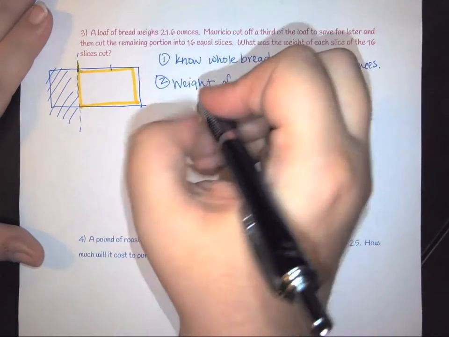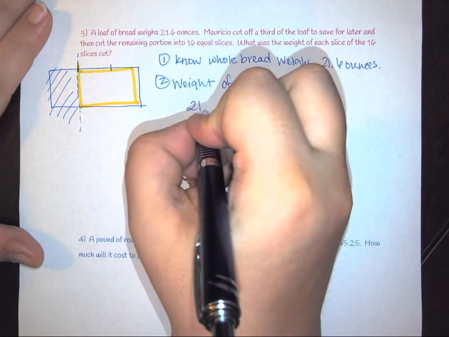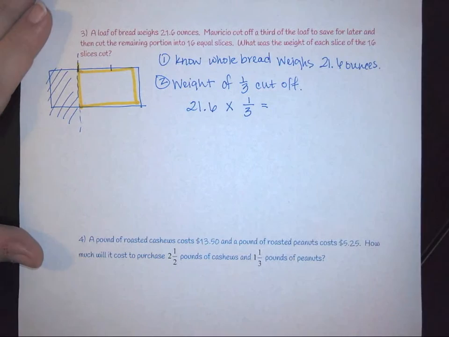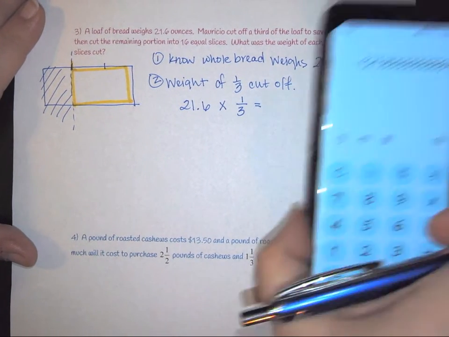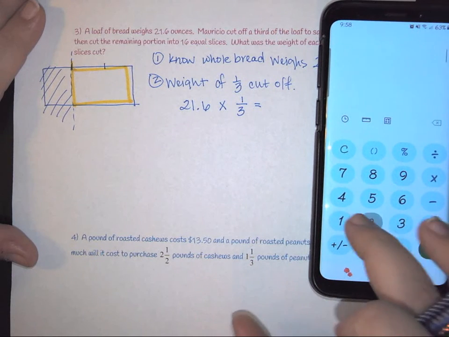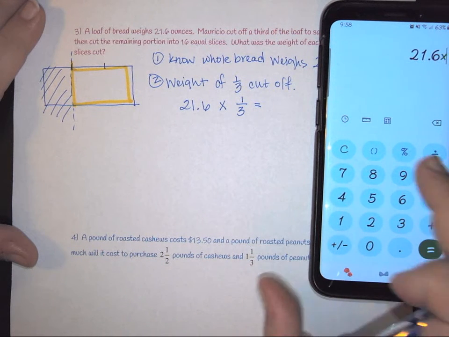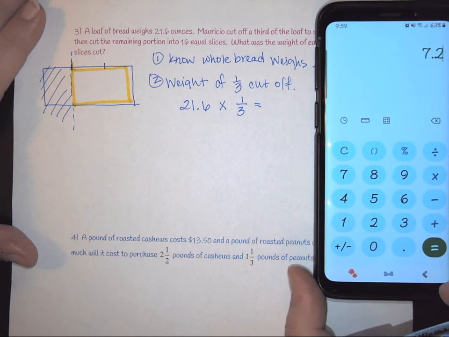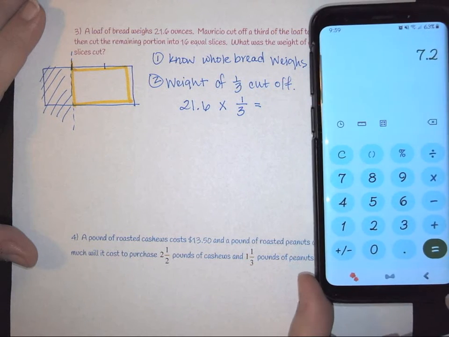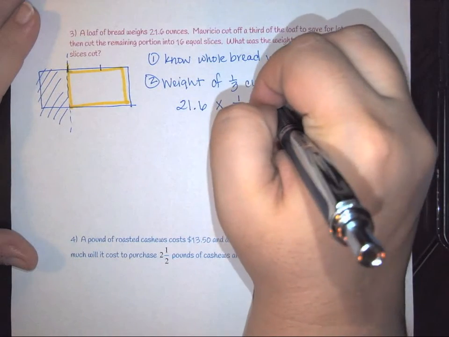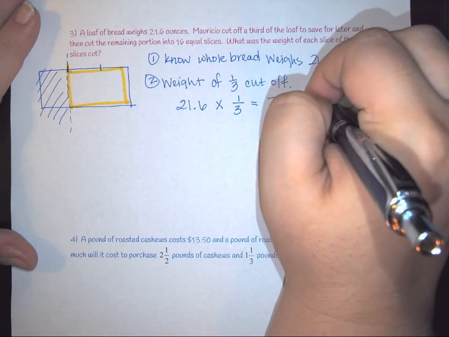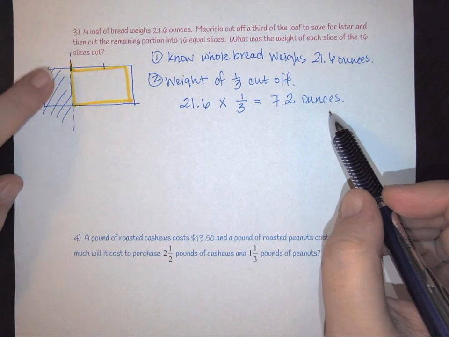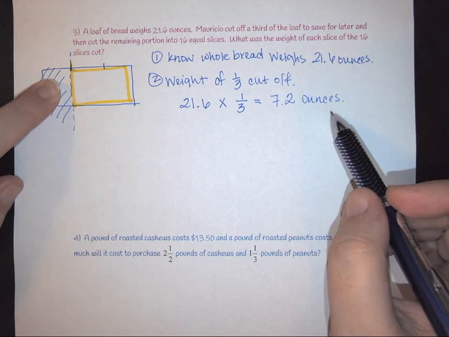So the way we do that is we take the 21.6 and we multiply it by 1/3. Okay, so let's go ahead and do that. So we have 21.6 and we're going to multiply that by 1/3, which is going to give me 7.2. So 7.2 ounces. So that is the weight of this third piece that's been cut away.